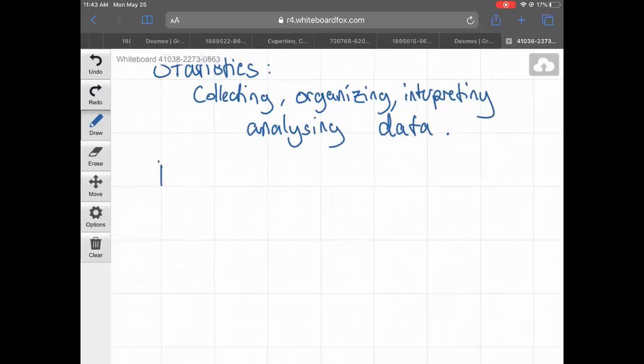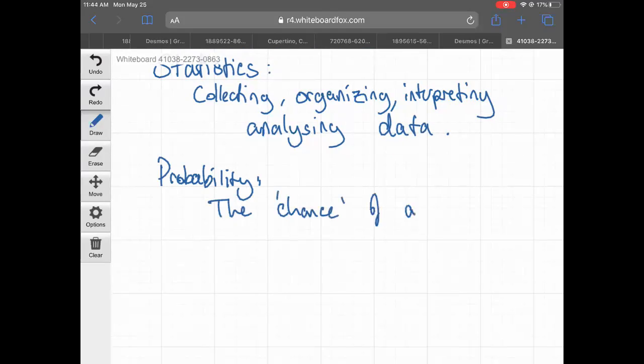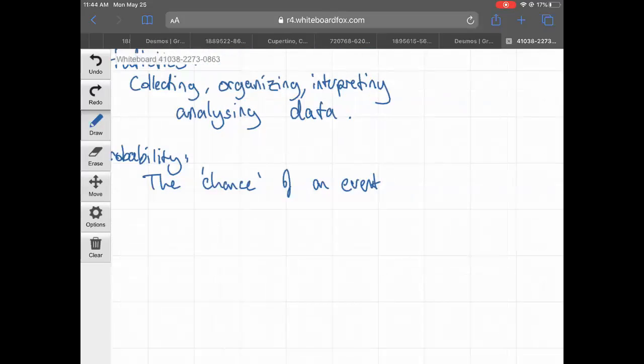And we should all know probability, not just for completeness. Probability is the chance of an event occurring or happening. So we talk about events. What is an event? So an event might be flipping a coin.